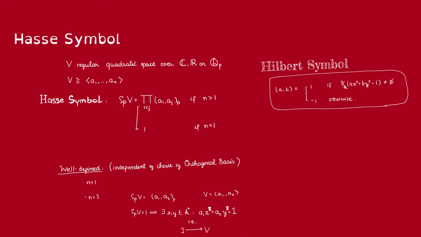But this is equivalent to saying that 1 is represented by V, and whether or not 1 is representable by the quadratic form in V is independent of the choice of the orthogonal basis. So we see that in the case when n is equal to 2, the definition of the Hasse symbol is independent of the choice of the orthogonal basis.